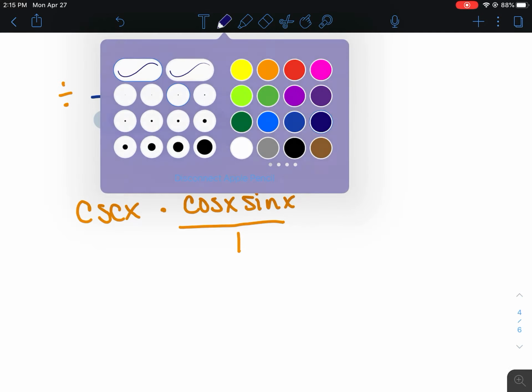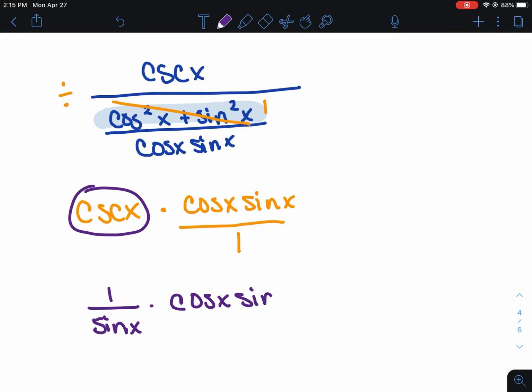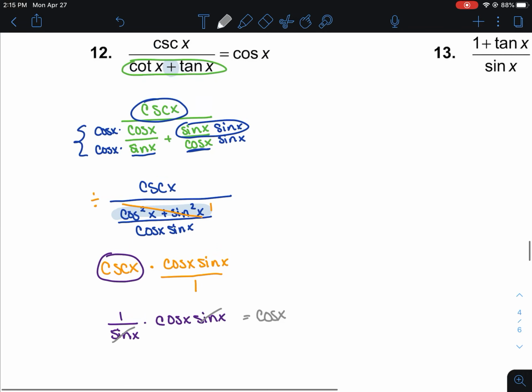All right, so my next thing I might do is change this cosecant to 1 over sine. And then that helps me because my sines cancel out and I'm just left with cosine x, which is what I wanted that identity to equal.